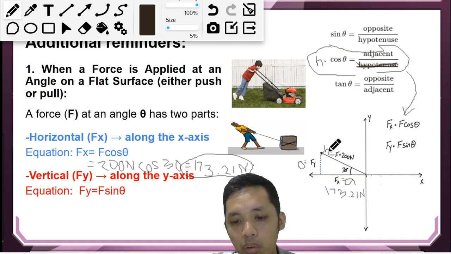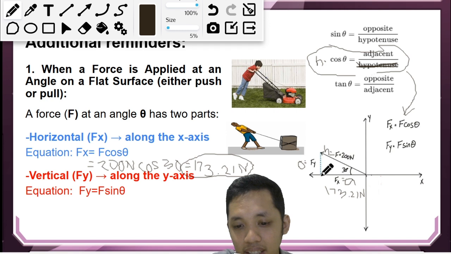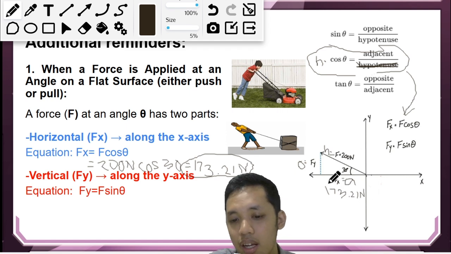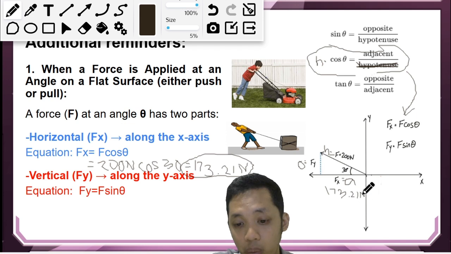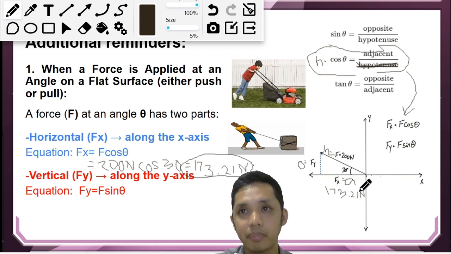So, if we will be comparing this arrow to this arrow that ends here, the longer one is the hypotenuse, which is 200 newtons. Here, it's only 173.21 newtons. Okay?